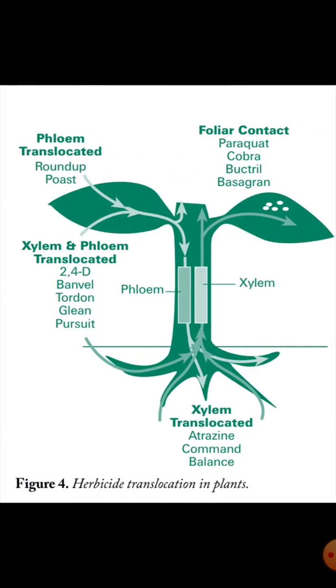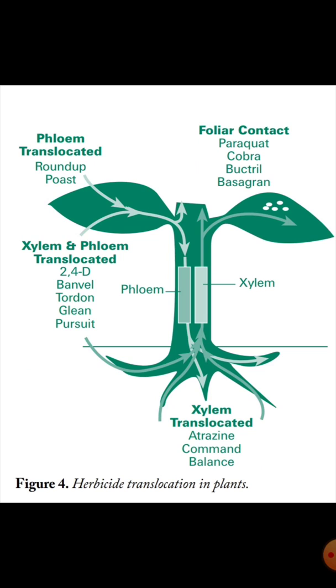In this diagram, keep in mind one thing: xylem always has onward movement, that is, from downward to upward, but phloem has movement in both directions, upward as well as downward. This picture shows the different types of herbicides and the transporting tissues they translocate with.